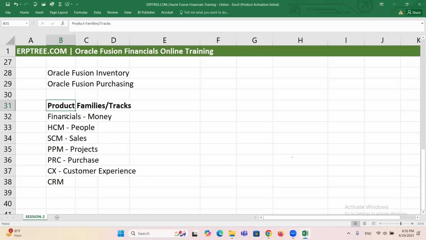We are going to learn one of the product families, called financials. Out of all these product families, the key one is finance, because for every company, finance is the backbone. If you look at any segment, any industry, they need a finance application. The rest of the applications depend on the industry.